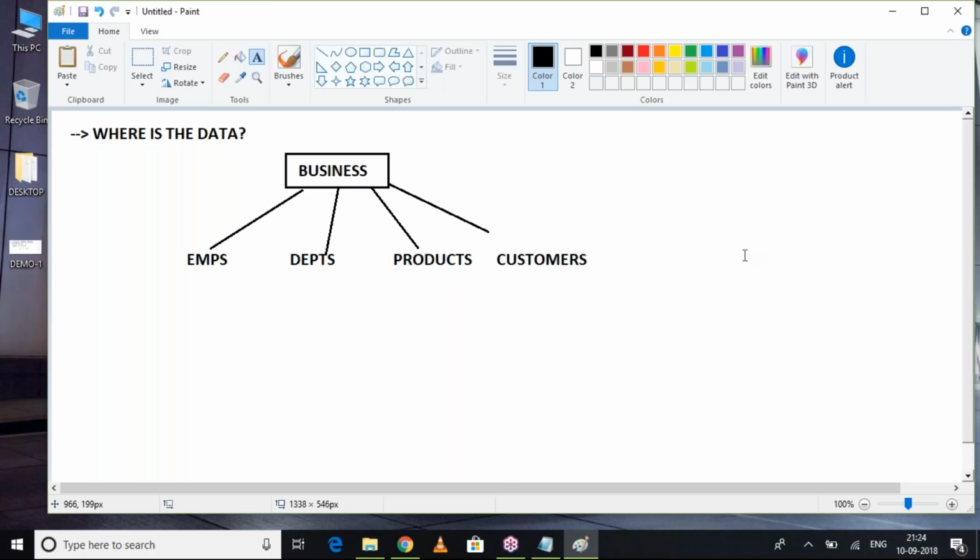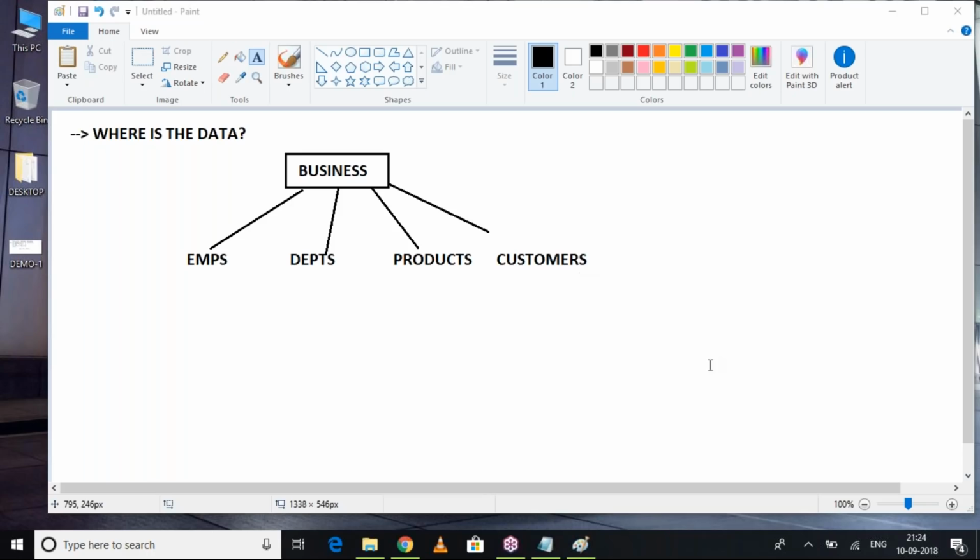So these are called business objects. These are known as business objects. Remember, these are also called business entities.